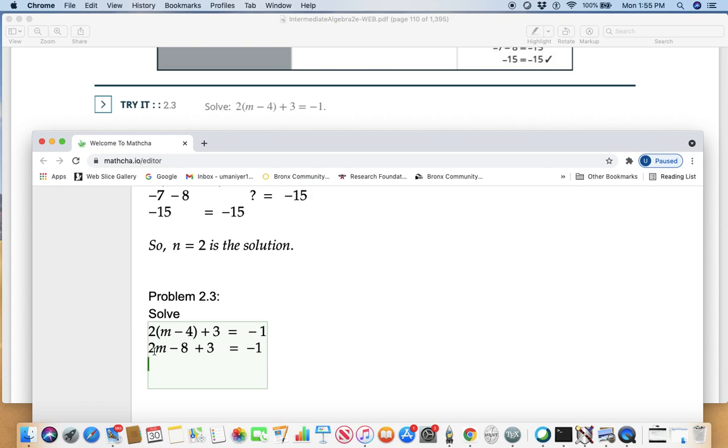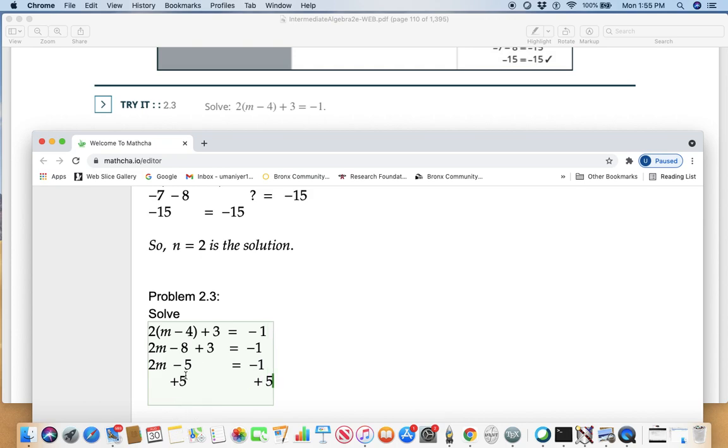Combine like terms. There is only one m term, so it is as it is. Negative 8 plus 3 is negative 5, equals negative 1. So the right hand side is simplified, the left hand side is simplified. I have a variable here and a constant here. I want to do the opposite of negative 5, so add 5 to both sides.